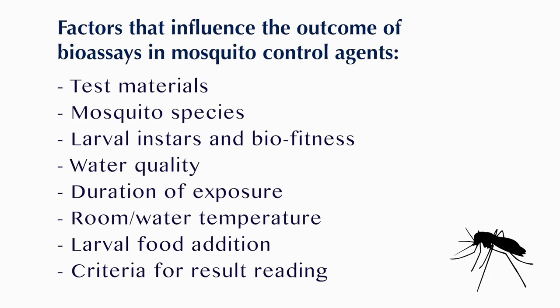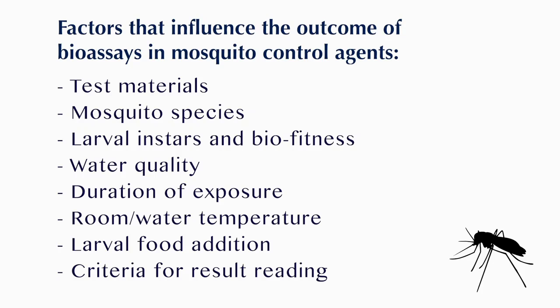Duration of exposure and the temperatures at which the bioassays are being run, whether food is added to the replicate bioassay cups, the type of food, and how much food is added can all affect the outcome of the bioassay. In nature, high levels of enrichment in food can reduce the effectiveness of bacterial larvicides that are ingested by mosquito larvae by reducing the amount of bacterially derived proteins ingested per unit time.